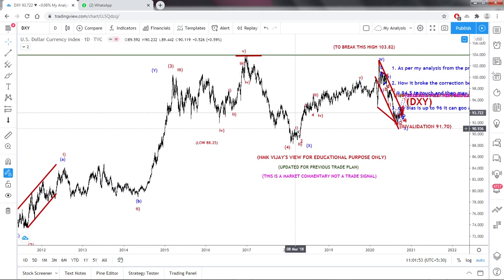So this is the 5. They took it as a new impulsive, but as per Elliott wave theory, if it is a 5-wave formation, it need not be the start of a new impulsive. That could be the end of the C wave also. That is why I am explaining here.